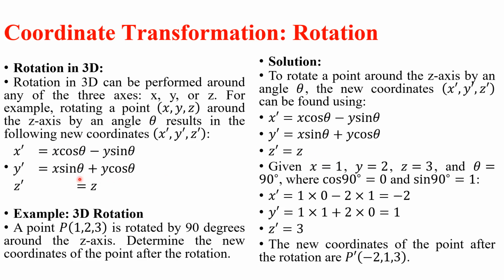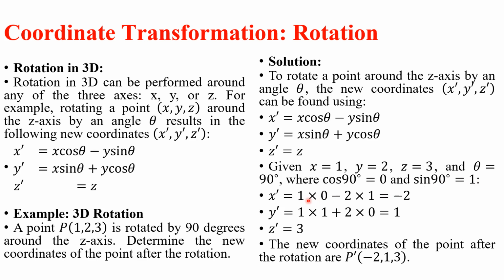for such kinds of 3D rotation. So where cos 90 equals 0 and sin 90 equals 1.